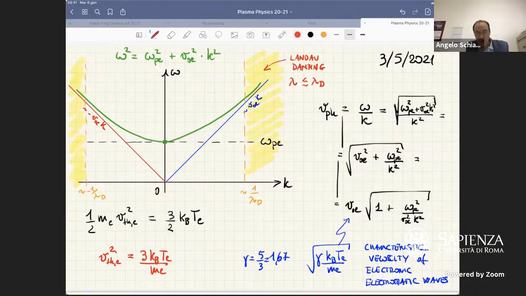So not all wavelengths or wave numbers can propagate.